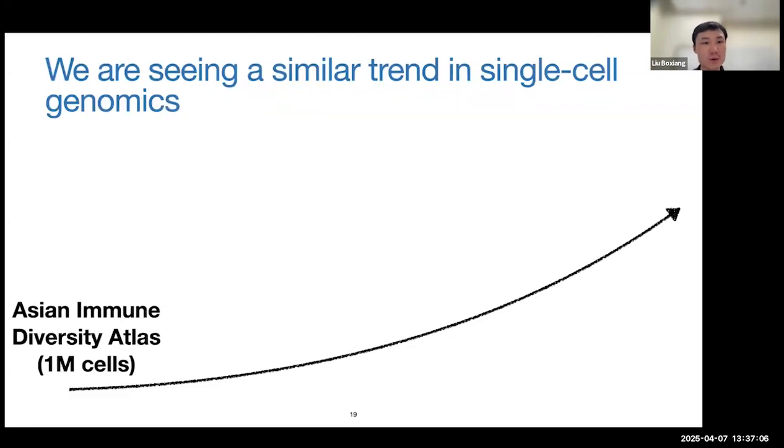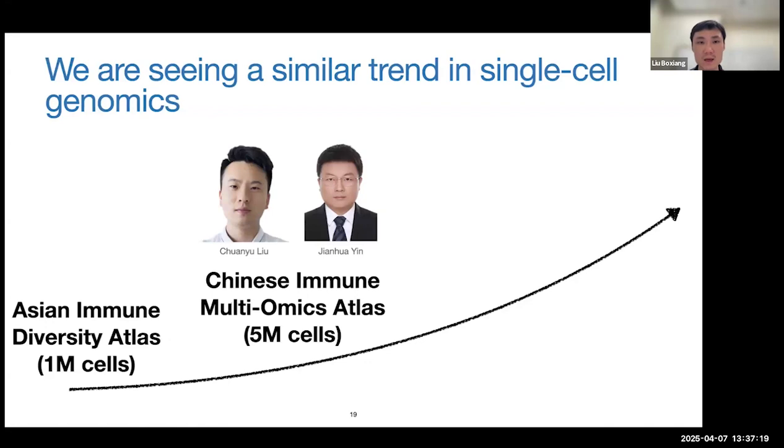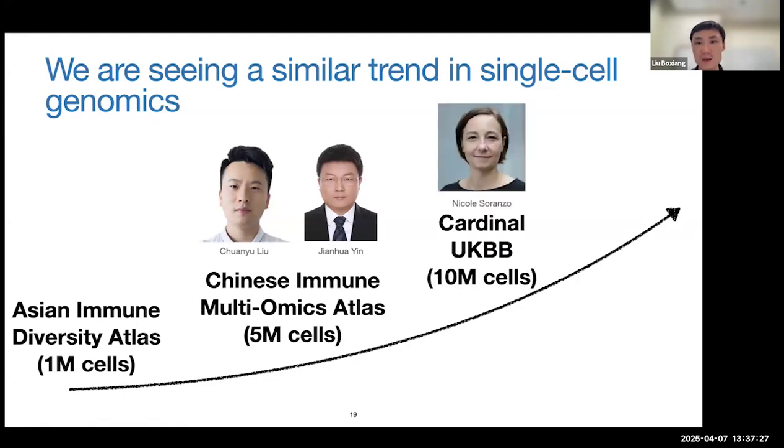And I just want to quickly look ahead at what's next, right? Here I'm highlighting our work, the Asian Immune Diversity Atlas, but it would not be fair to miss other people's work. There is also the Chinese Immune Multiomics Atlas, which is currently under review. It has 5 million cells.